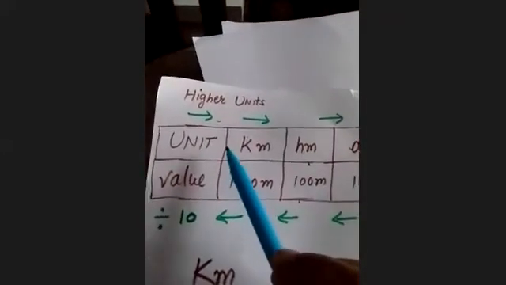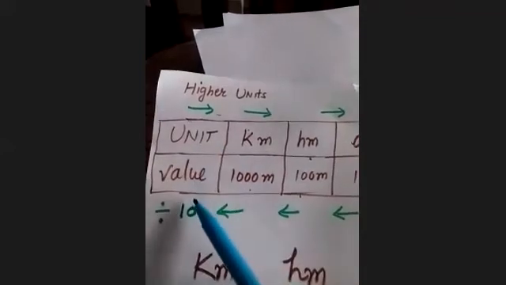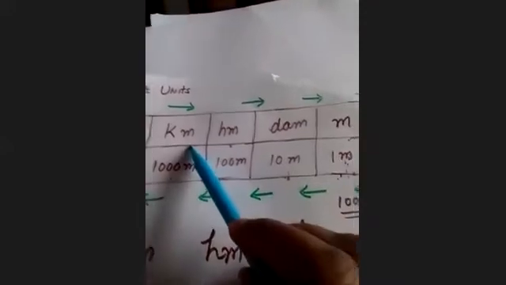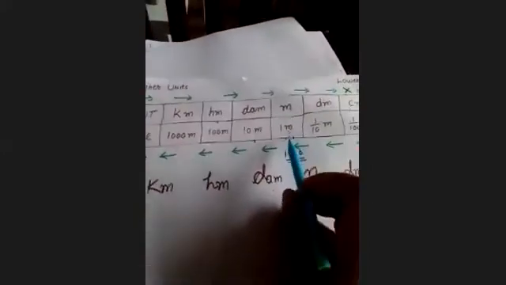Our sheet is divided into two parts: first is unit, then value. Our units are kilometer, hectometer, decameter, meter, decimeter, centimeter, millimeter.